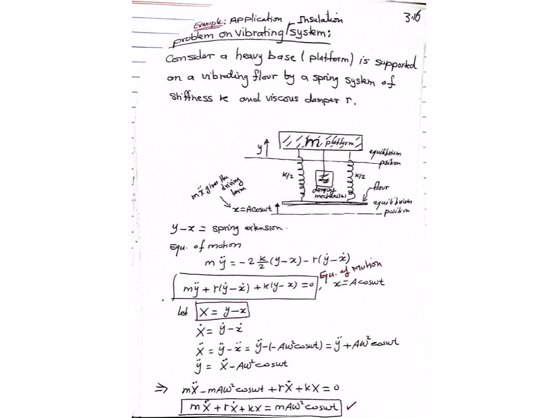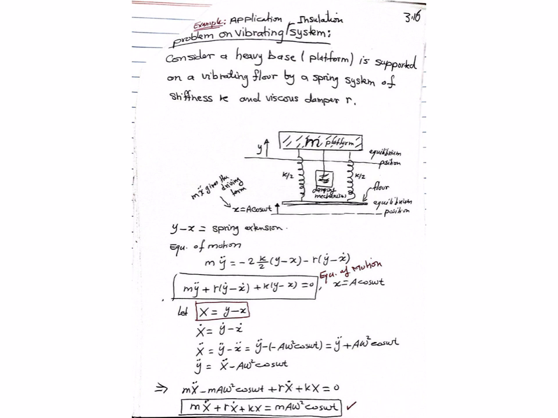But we know that x equals a cosine omega t. So x double dot is minus a omega squared cosine omega t. Substituting in this expression, we get that y double dot equals X capital double dot plus a omega squared cosine omega t.